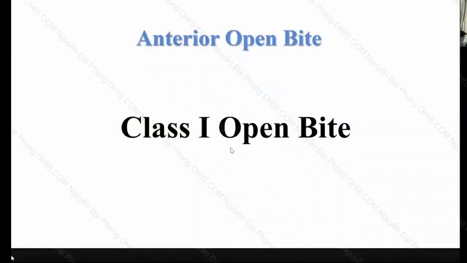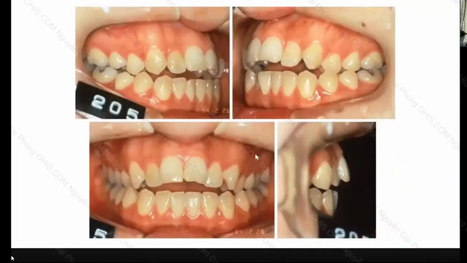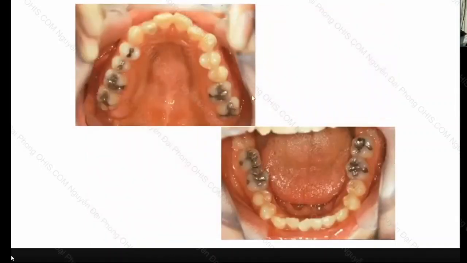Class 1 open bite, the class 1 open bite like this. Yeah? Skeletally, not so big a problem, an anterior open bite, but class 1 molar relation, just a little bit of crowding, and skeletally anyway, class 1.